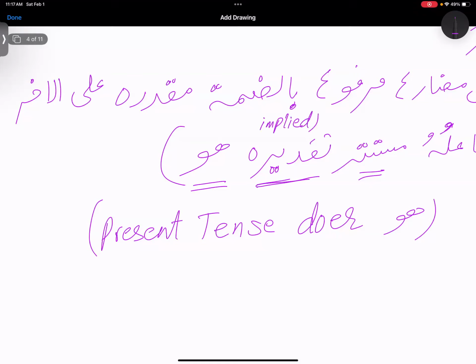Because it's not showing us, it's hidden, and the implied is huwa. So the fa'il is hidden and its implication is that huwa is there.